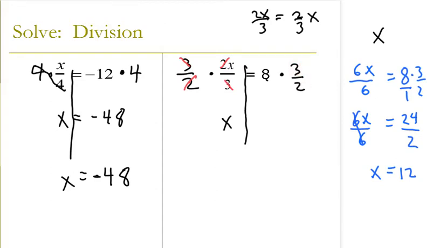Normally we go left to right, but in a fraction, there is no left to right. It's only top and bottom. So we just pick whichever one is convenient. I would rather say 8 divided by 2, which gives me 4, and 4 times 3, which is 12. So then my answer is going to be 12.